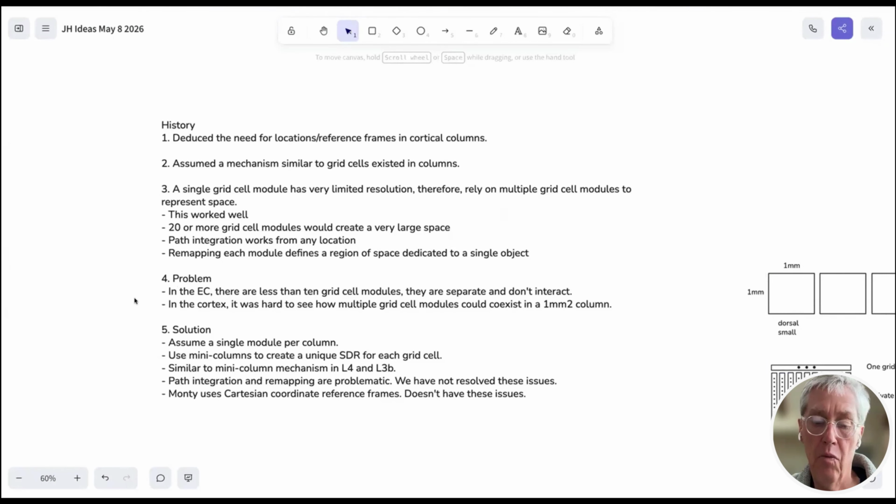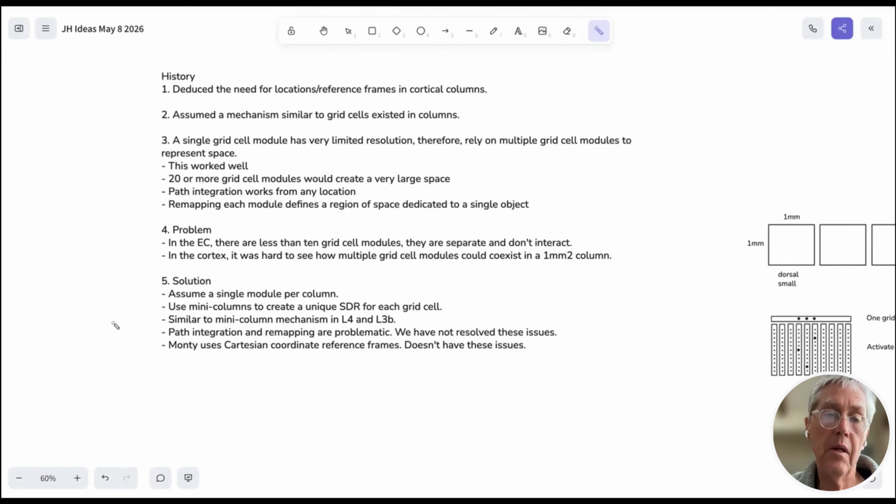So the problem we had was there are less than 10 grid cell modules. That wasn't enough, and they're separate and they don't interact. And in the cortex, it was hard to see how multiple grid cell modules could exist in a column. So maybe the solution, the way I've been thinking about this for a long time now, and Niels, your comment earlier made me think that maybe we didn't understand this together.